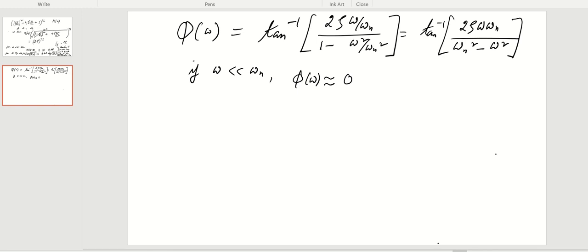As omega tends to omega n, the argument inside the tan inverse tends to infinity, so phi omega tends to pi by 2, or 90 degrees. So now the next question.